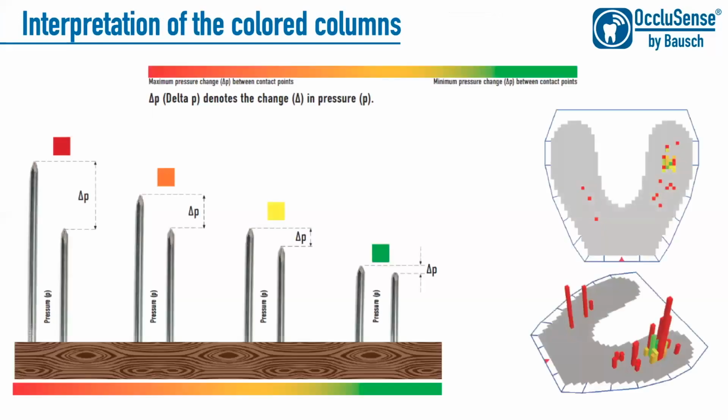And if you're taking a little outline of this needle plate and compare the needles that are being activated to one another, then you can see that the largest columns are marked with the highest pressure change. So that would be red. And then it decreases and changes the colors as described previously.